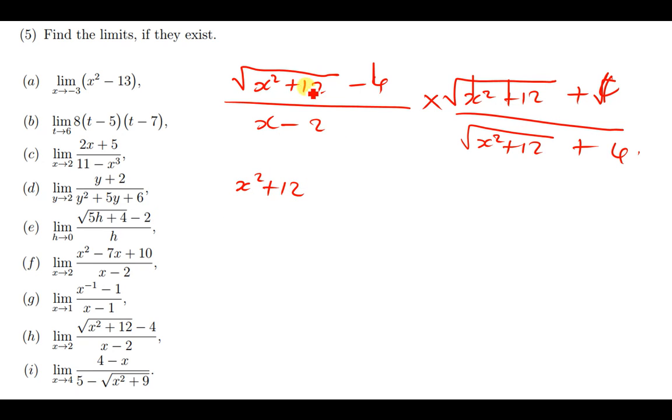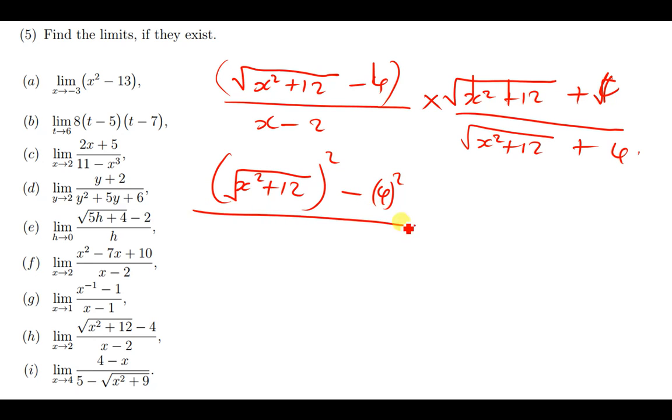Then, when you look at this, it is the difference of two squares, which is just the same as doing this minus 4 squared. Then everything on the denominator there is going to give me x minus 2, and then times the square root of x squared plus 12, then plus 4.